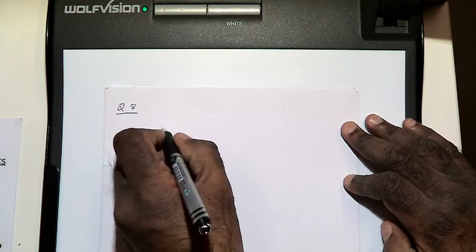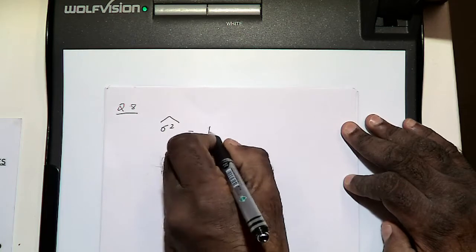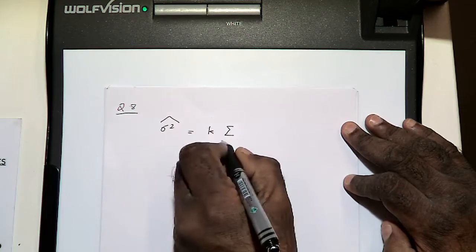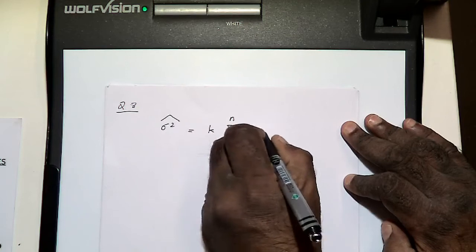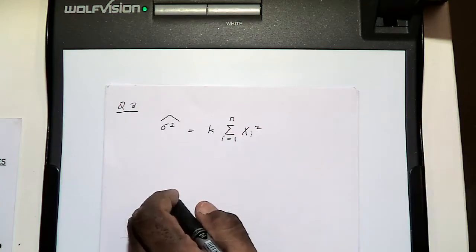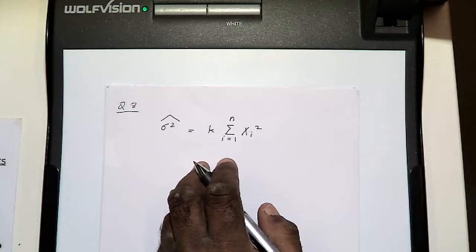And you got this as a possible estimator for sigma squared. Right? And the first part is to find k so that this estimator is unbiased for sigma squared.